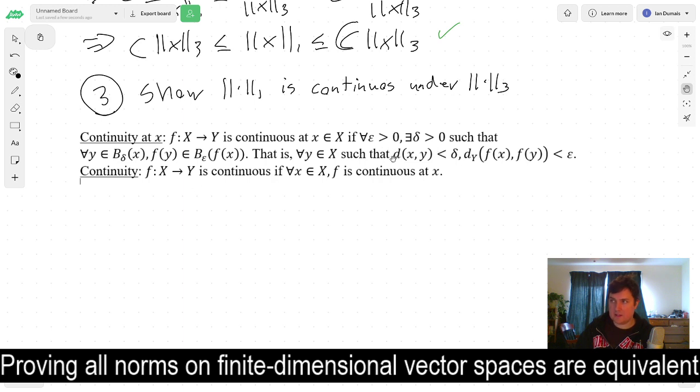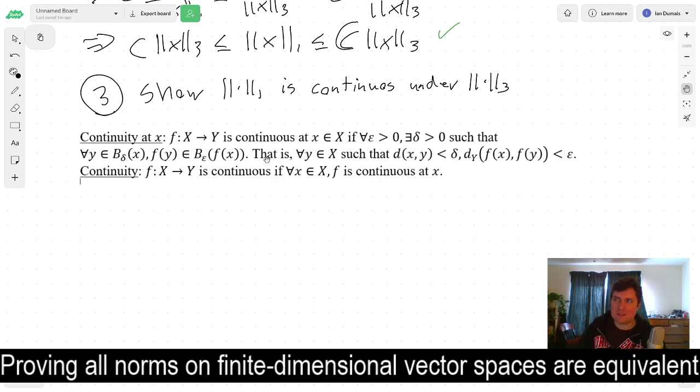So just treat these D's as distance. So there exists a delta. I give you an epsilon, there exists a delta, such that for all points in our domain, the distance between our point x and that point y, for all points that are delta away from x, you could.